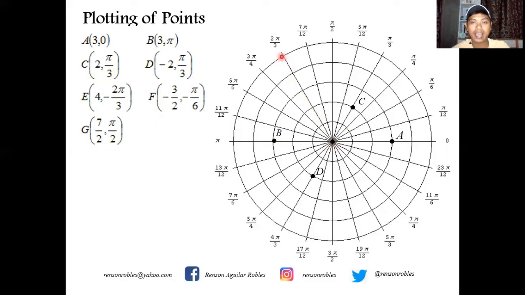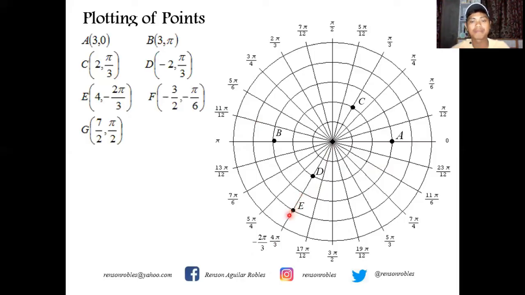And this angle is reflected over this line by the angle 4 pi over 3. Again, this is 2 pi over 3, and its reflection over this line is the angle 4 pi over 3, which means negative 2 pi over 3 is terminated at 4 pi over 3. So this is your negative 2 pi over 3. And then the radius vector is 4. So from the pole or the origin, you count 4 units. 1, 2, 3, 4.